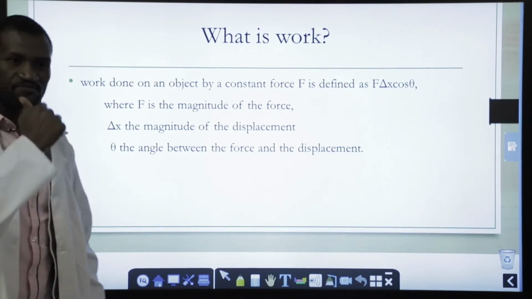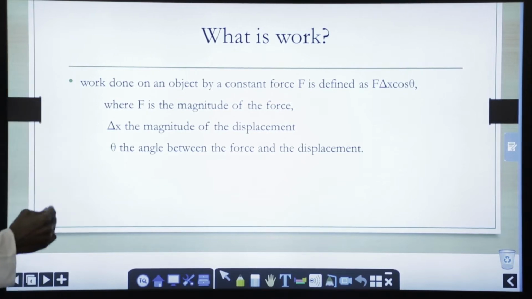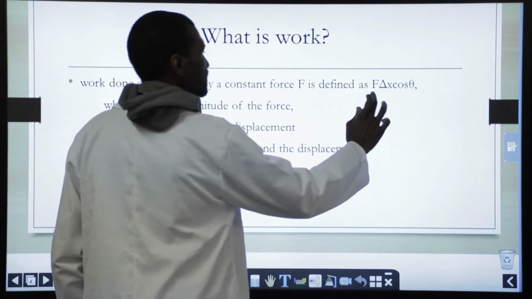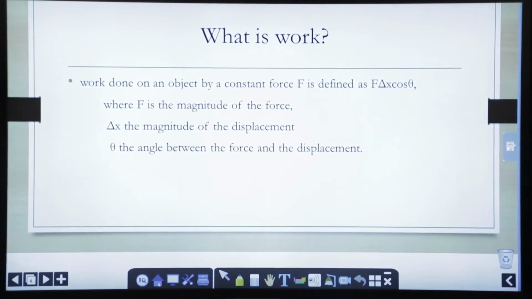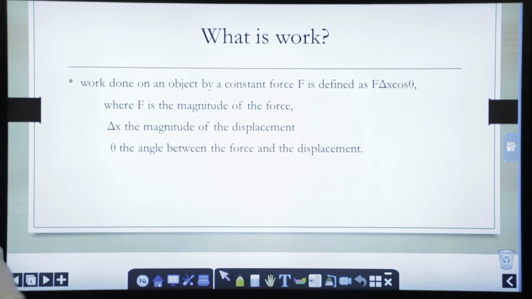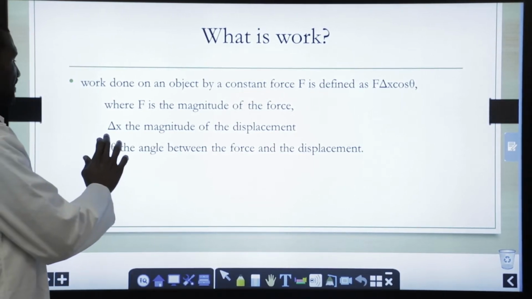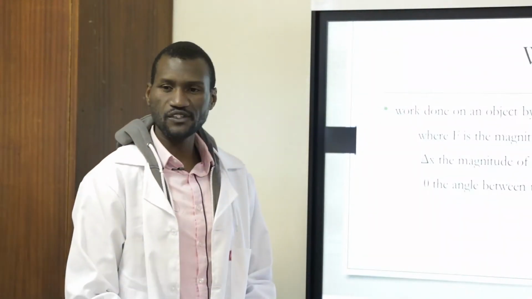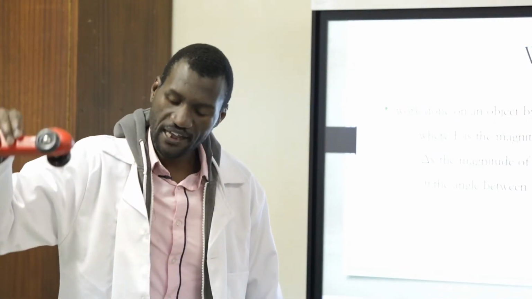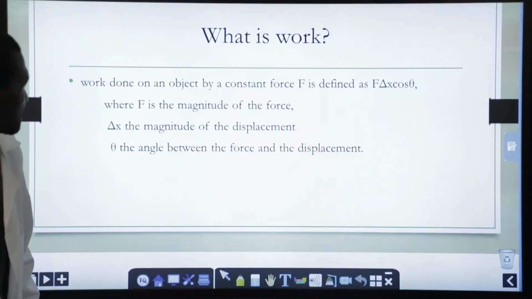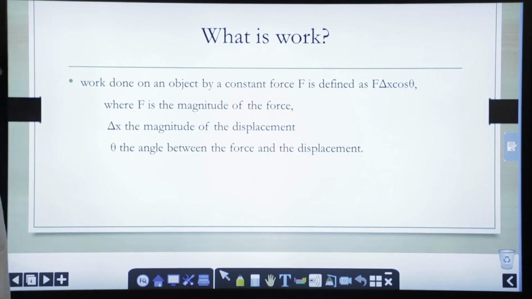But what is work? Work is done on an object by a constant force F and is defined as F multiplied by change in x cos theta, where F is the magnitude of the force and delta x is the magnitude of the displacement if the object is moving horizontally, or it can be delta y if the object is being moved upwards, and theta is the angle between the force and the displacement.